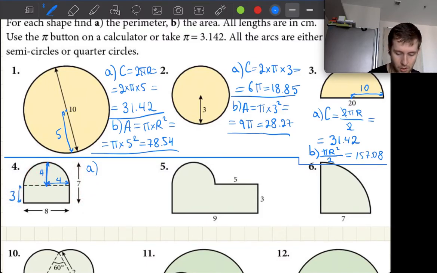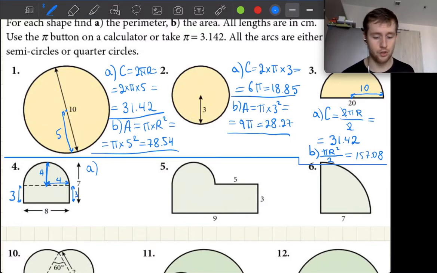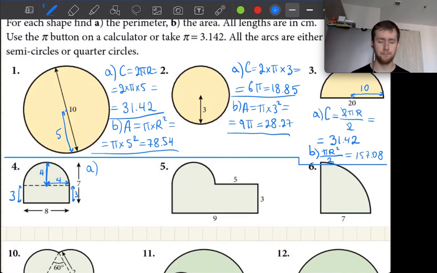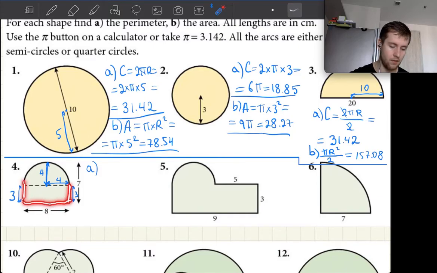So there's 3 here and 3 here, all right? So to find the perimeter in this case, we have to add all the sides together. In this case, we have kind of 4 sides. So this side, which is 3, 8, 3, and also this semicircle.